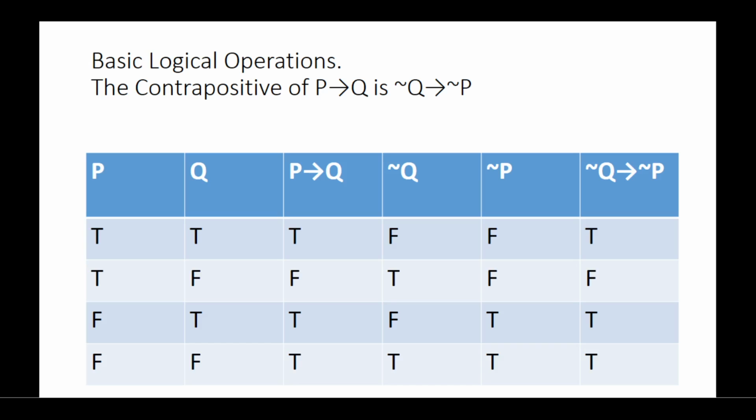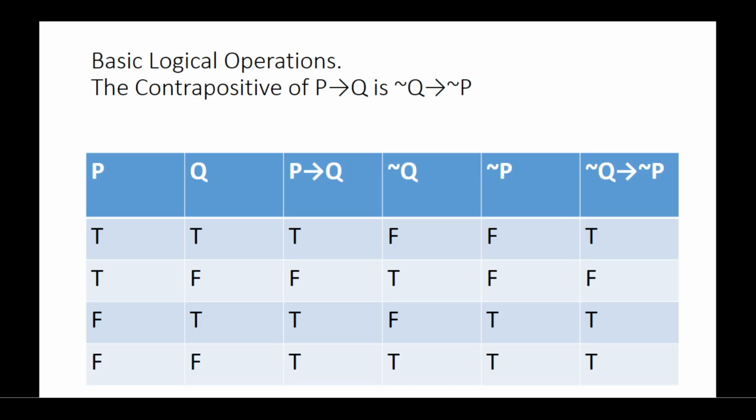That is, if the given conditional is P implies Q, then the converse is Q implies P. The inverse of the given conditional is a new conditional whose antecedent is the negation of the original antecedent and whose consequent is the negation of the original consequent, that is, negation of P implies negation of Q.